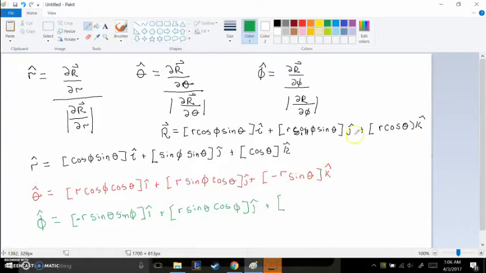And let's go ahead and look at the last one. It's all constants, and the derivative of a constant is 0 in the k direction. So congratulations, we have proven what the new unit vectors are for our spherical transformation from Cartesian coordinates.